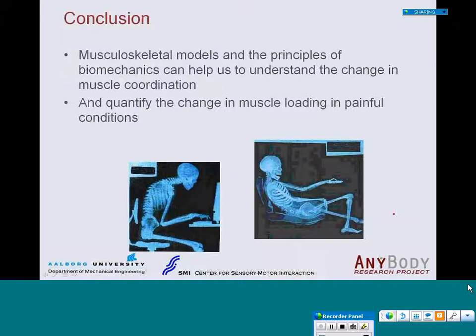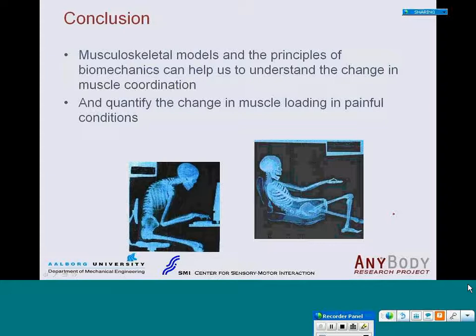In conclusion, I hope I've shown you that musculoskeletal models, and especially the cervical spine models and the principles of biomechanics, can help us to understand the change in muscle coordination. Because I think this is important, because a lot of the pain research in the cervical spine area which is going on is based on experimental research, and it's very difficult to predict by hand or by intuition which muscles should be active and which muscles are necessary for a certain kind of movement, because we have so many degrees of freedom.